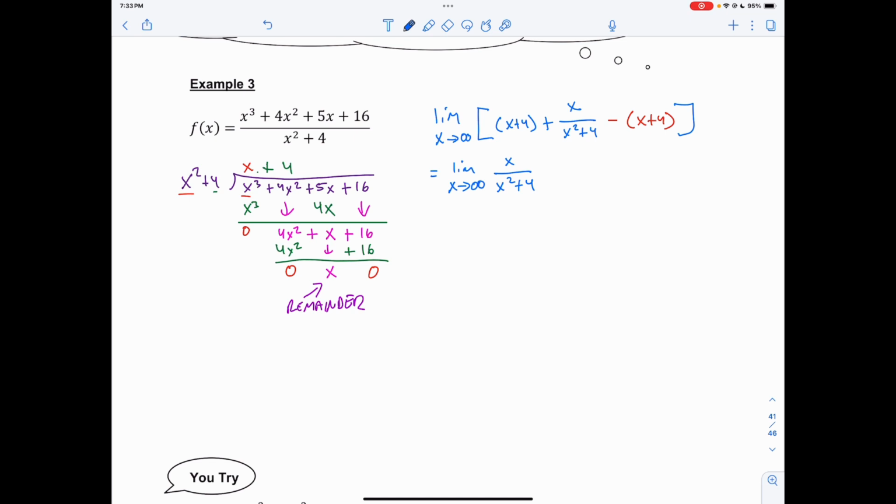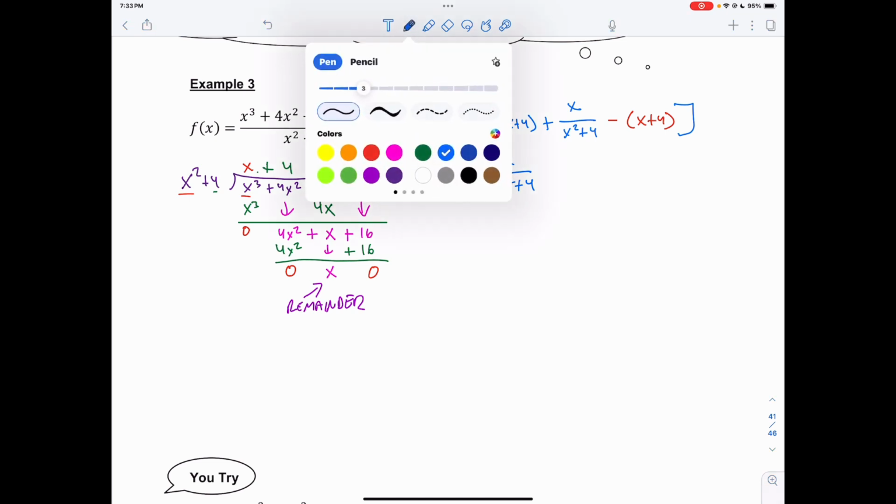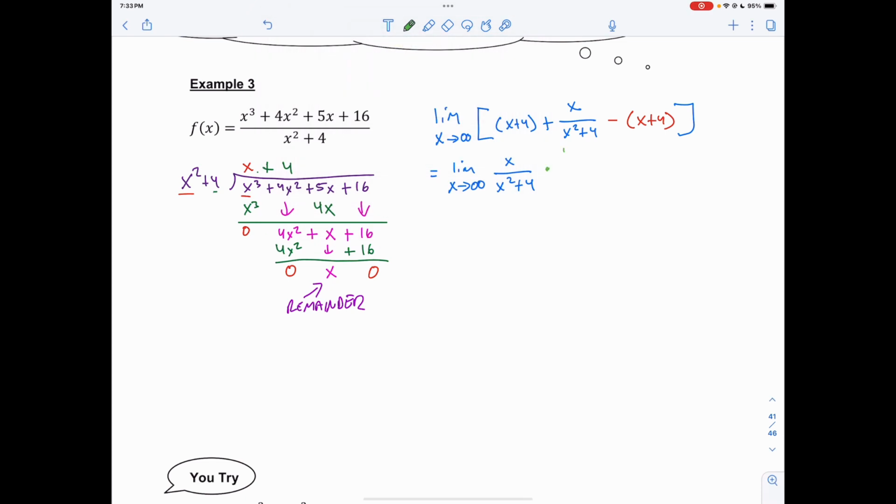I'm going to multiply the top and the bottom by 1 over x squared, which is going to give me the limit as x approaches infinity for (1 over x) divided by (1 plus 4 over x squared).